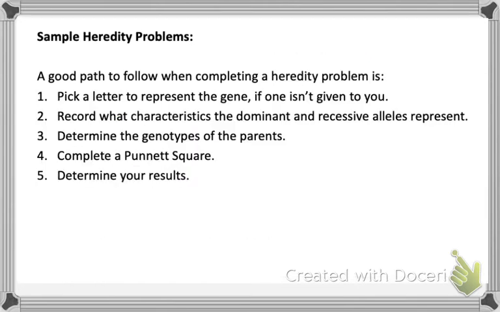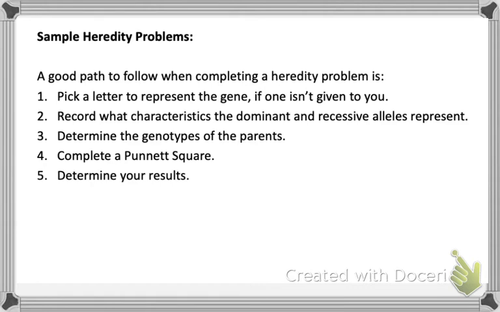Whenever you're presented with a heredity problem, here are some good steps to follow in order to get to your answer. The first thing would be to pick a letter to represent your gene if one isn't given to you. Then you should record what characteristics the dominant and recessive alleles represent. That's a really good habit to get, especially if the mutant form isn't necessarily what you might expect.